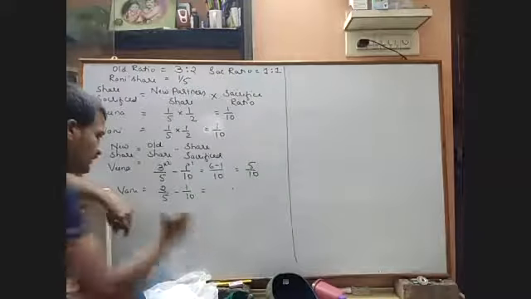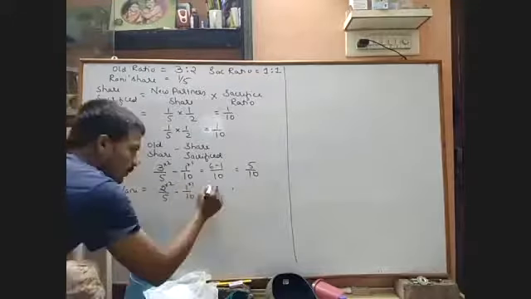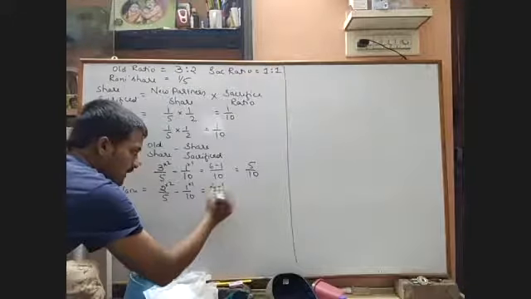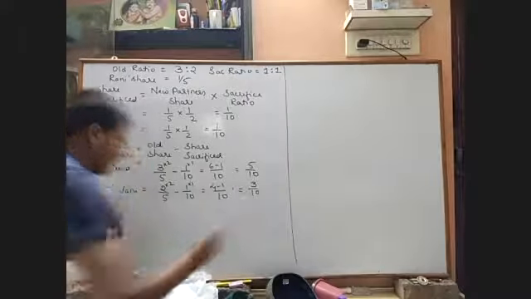Now again, 5 2s are 10 and 10 1s are 10, which leads to 4 minus 1 divided by 10, which will be equal to 3 by 10.